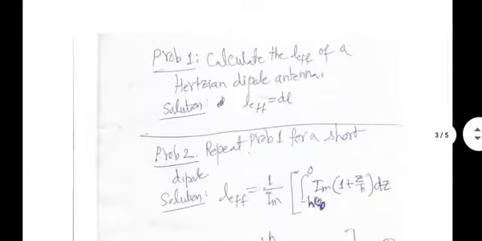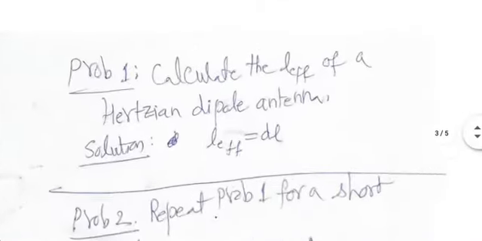Now let's look at how to figure out the effective length of some of the dipole antennas. Hertzian dipole is the simplest one. Current is constant along its length, right?